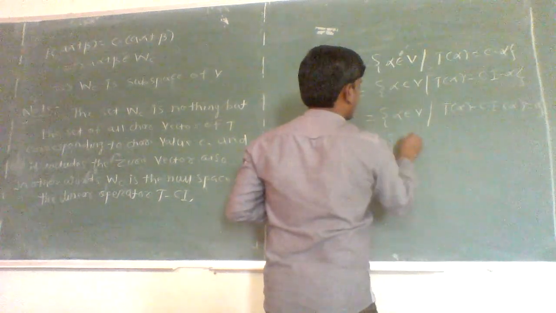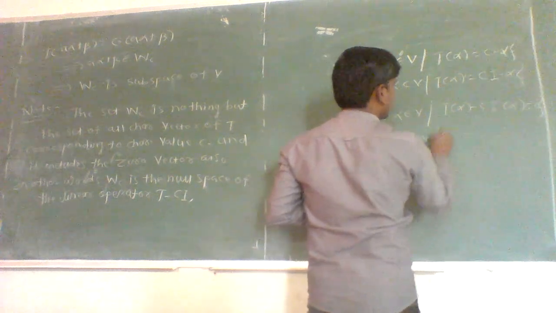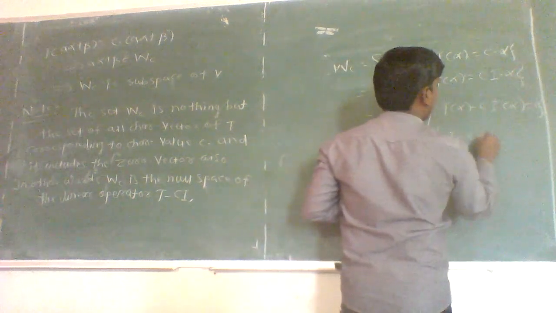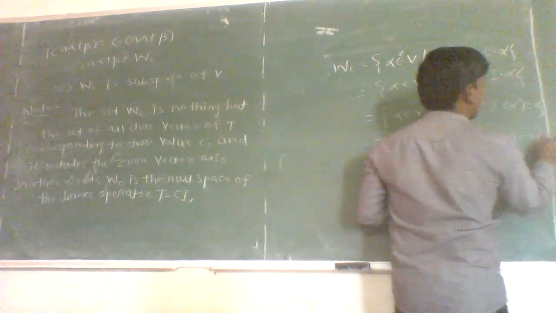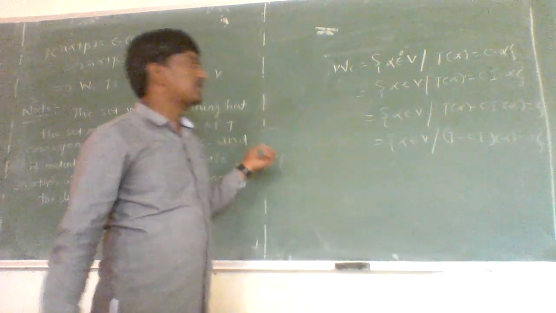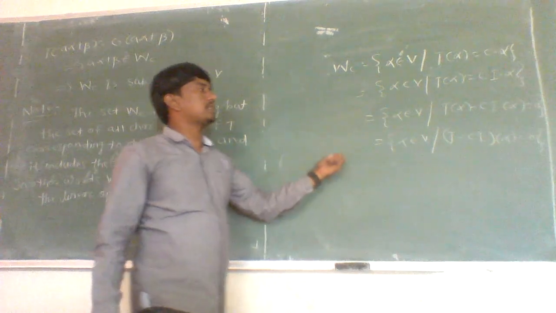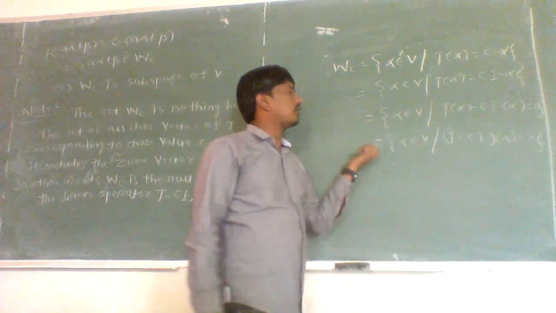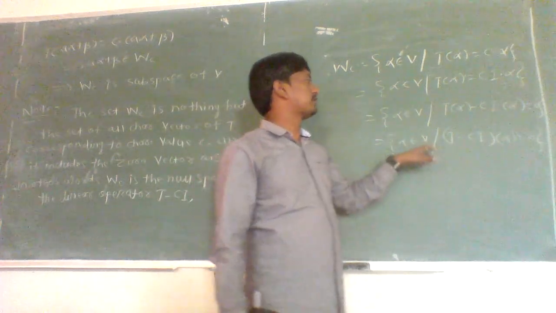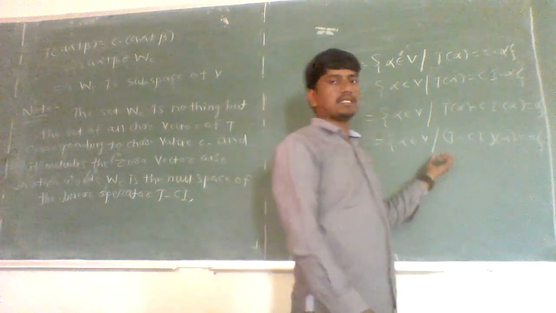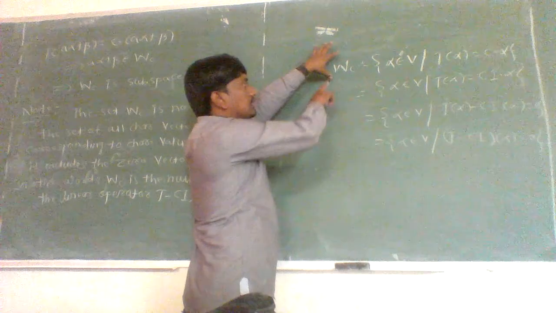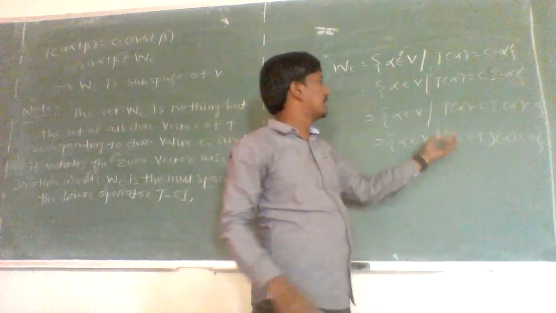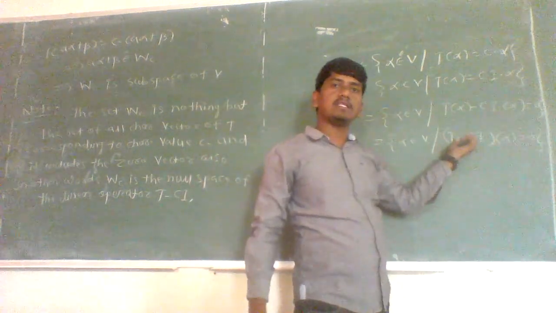So which is alpha belonging to V such that T minus CI of alpha is equal to 0. Then by definition, the null space of the operator T minus CI includes all alpha belonging to vector space V such that T minus CI of alpha equals 0. Then from this definition, WC is actually the null space of the linear operator T minus CI.